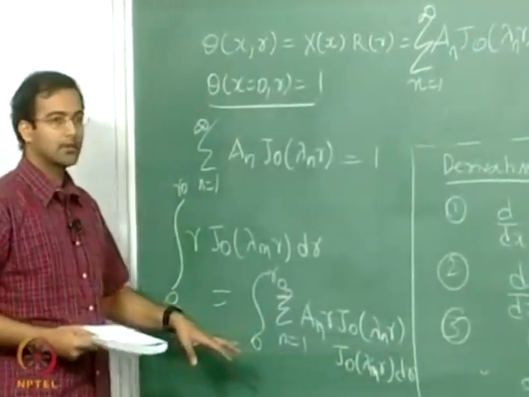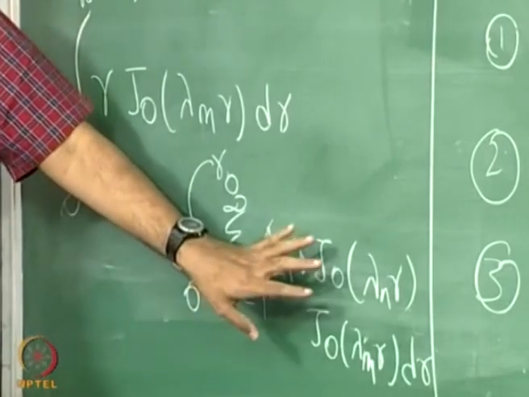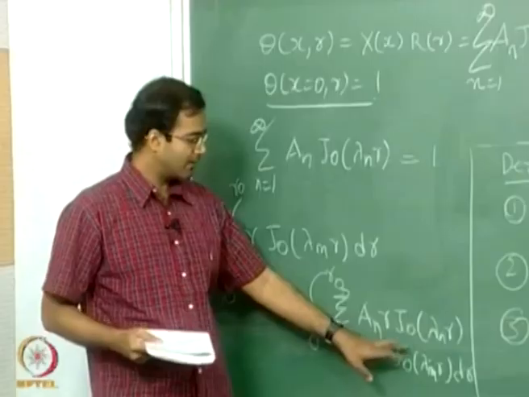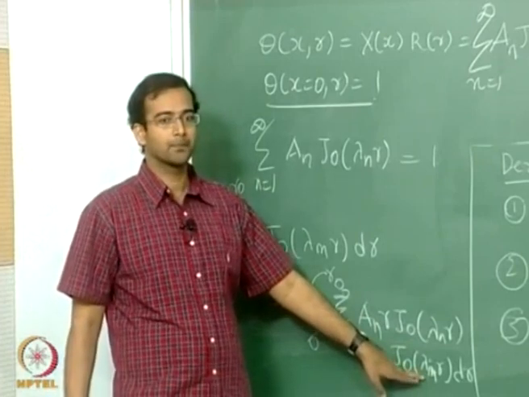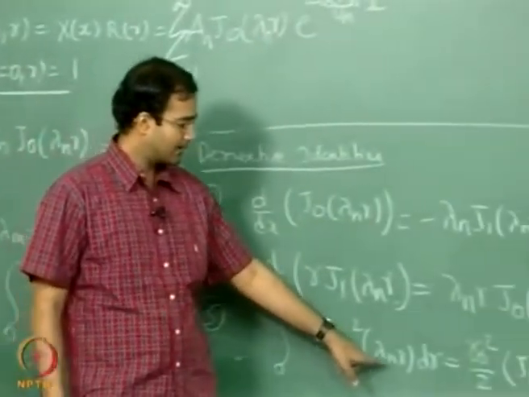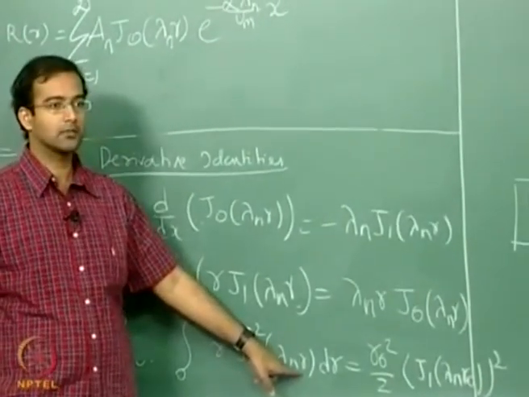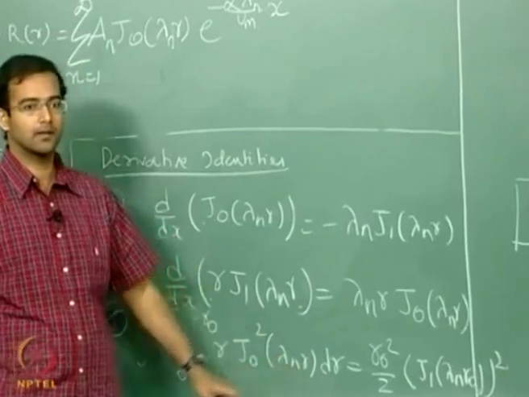okay. So now of course it has to satisfy the orthogonality condition here, therefore for any values of m which is not equal to n, this will be 0, and this will be equal to r j naught lambda n r the whole square dr for m equal to n. So only there it will be a non-trivial solution.